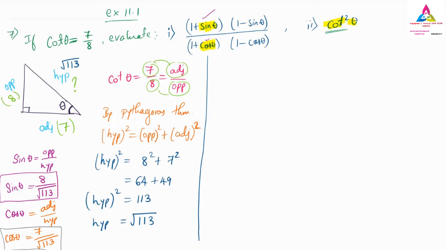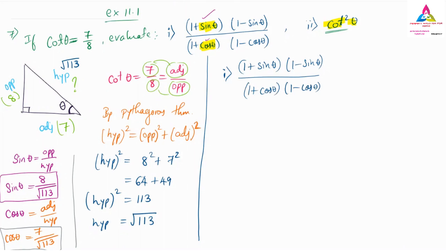Now let us substitute these two values in the answer, that is what we have to find. So we go back to the first question: (1 plus sin theta) into (1 minus sin theta) divided by (1 plus cos theta) into (1 minus cos theta).